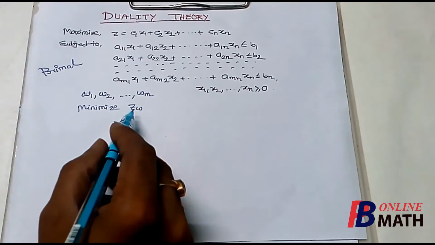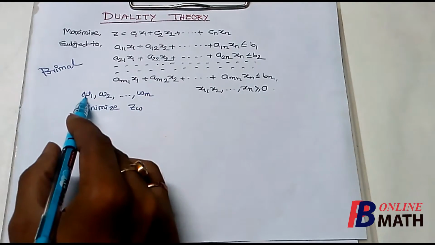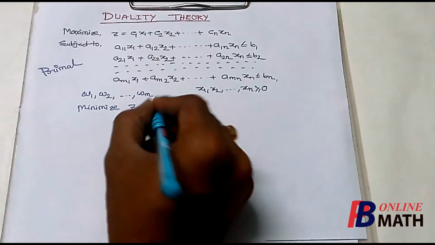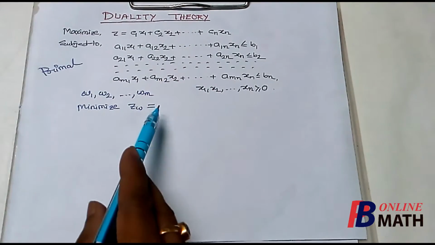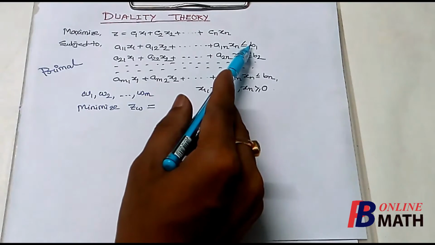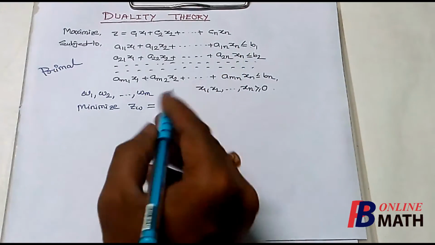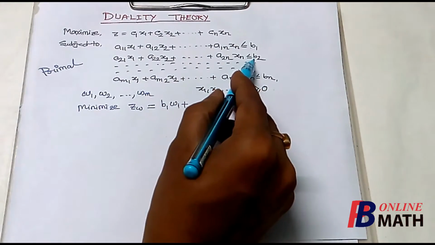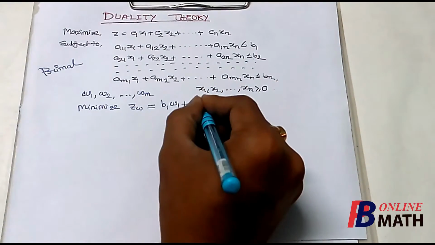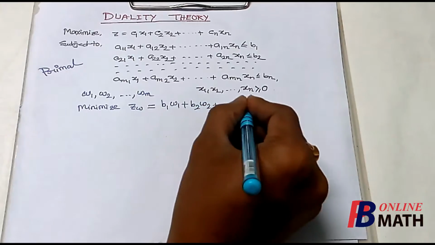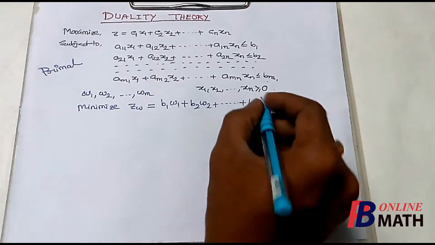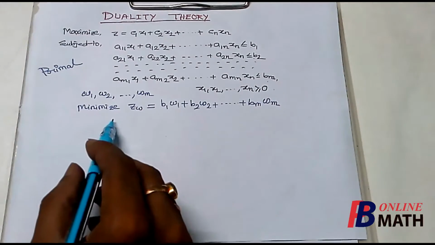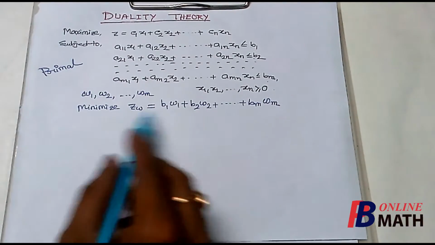In the dual problem, the objective function will be of variables omega 1, omega 2 up to omega m, and it will be equal to b1 into the first variable, so b1 omega 1, plus b2 into the second variable, so b2 omega 2, and continuing in this process, the last value bm multiplied by the last variable omega m. So this will be our objective function in the dual problem.